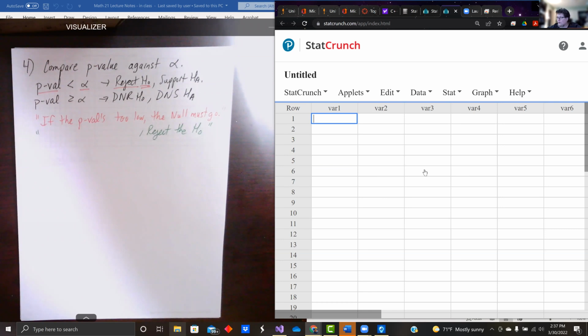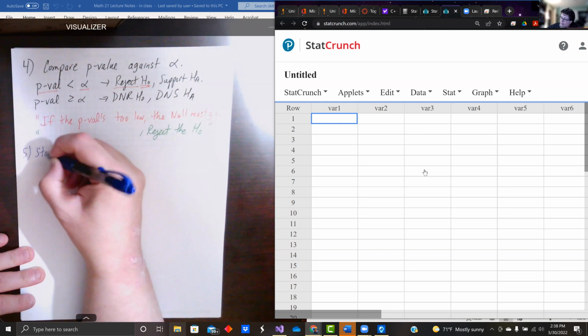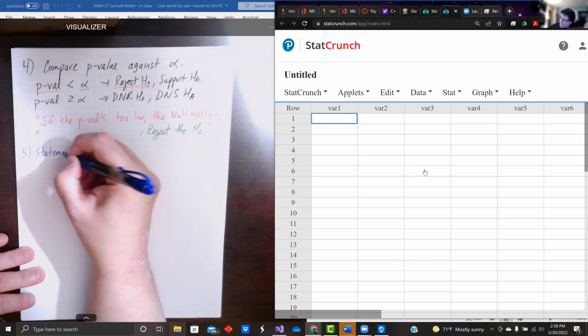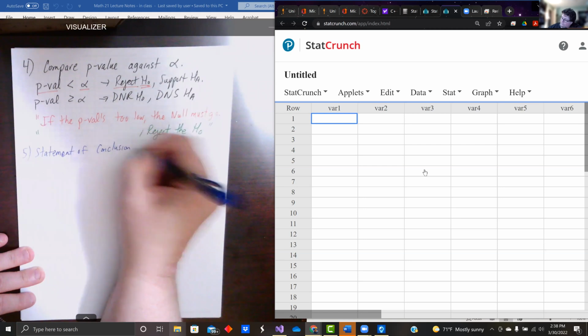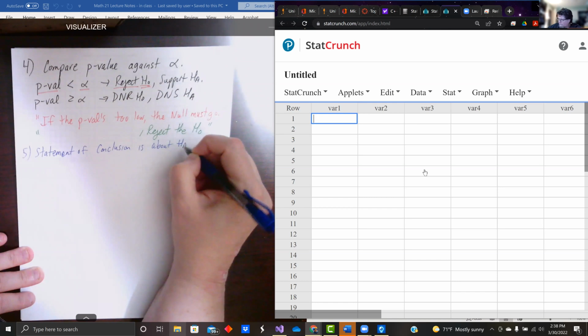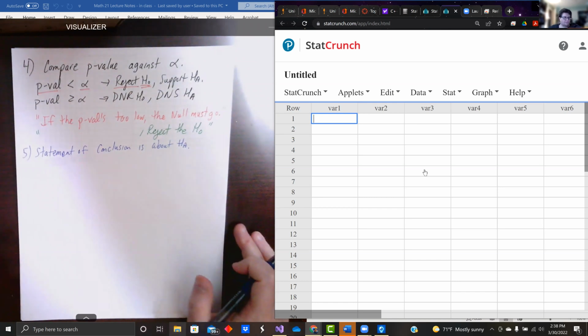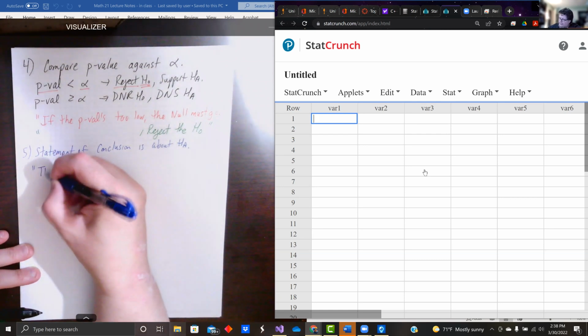Okay, so we've decided to either reject H naught or not reject H naught. And so step 5 is our statement of conclusion, and it's always about HA. And you can almost script this.